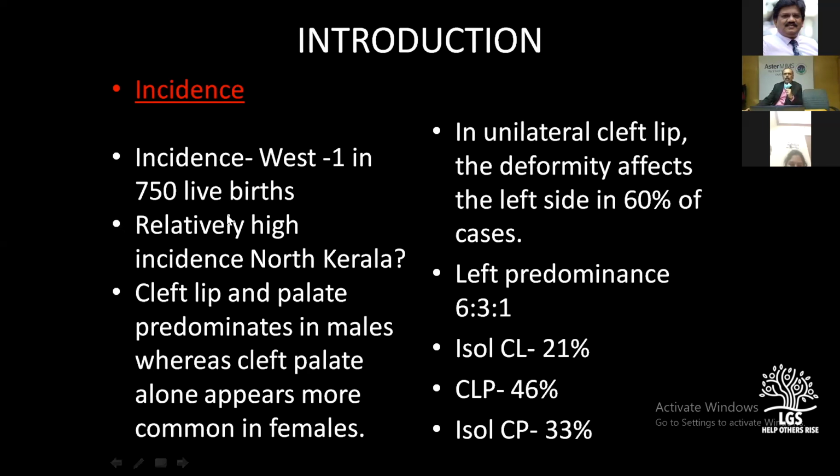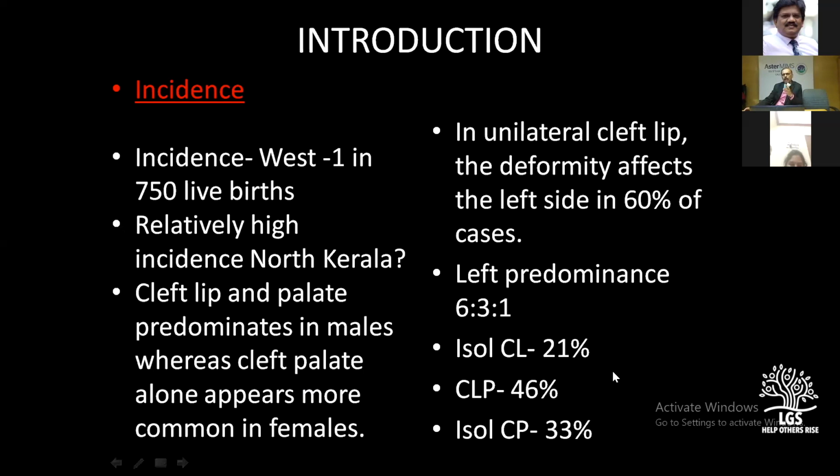Okay. Cleft lip predominates in the males, but cleft palate alone is common in the females. In the unilateral cleft lip, the left side is affected in the vast majority, 60% of cases. Here you can see left 6, right 3, and bilateral 1. That is the basic ratio.